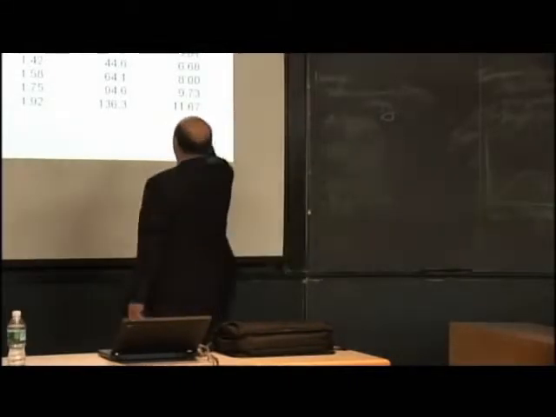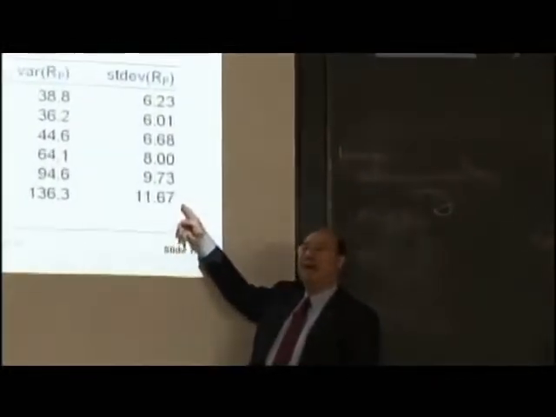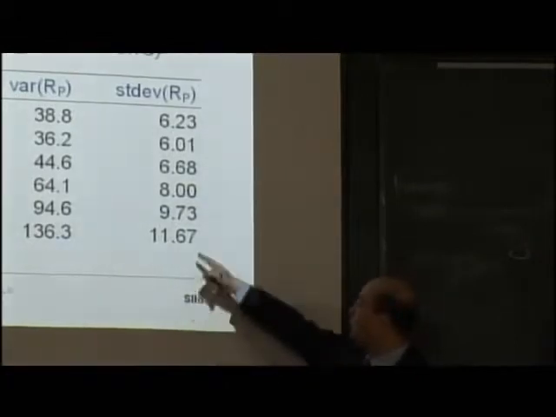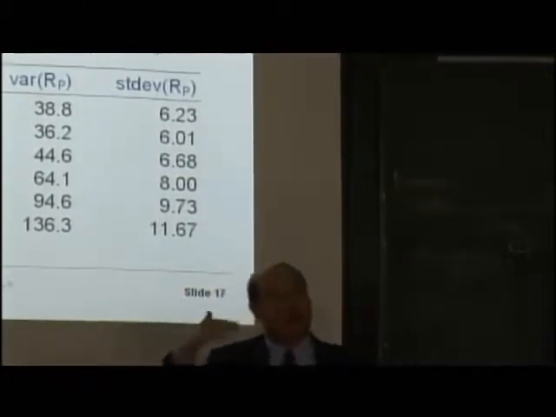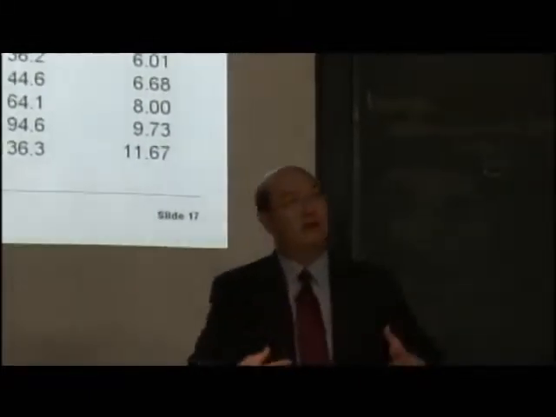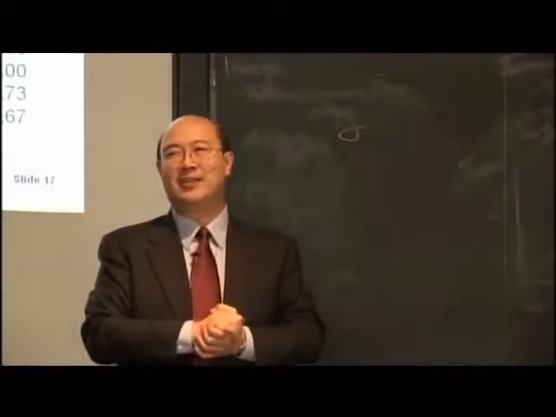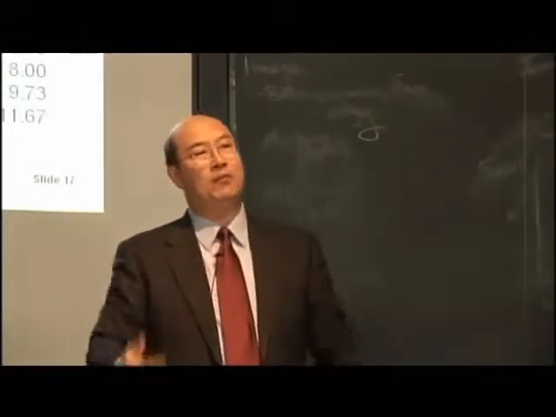We have to take this number and multiply it by about 3.5. And that will get us an approximate annual standard deviation. So a 12% volatility multiplied by 3.5, you're talking about some crazy volatile stock or portfolio. But actually, nowadays, we're used to that kind of volatility. That's no big deal. But relative to the individual stock, it's quite a bit more volatile.